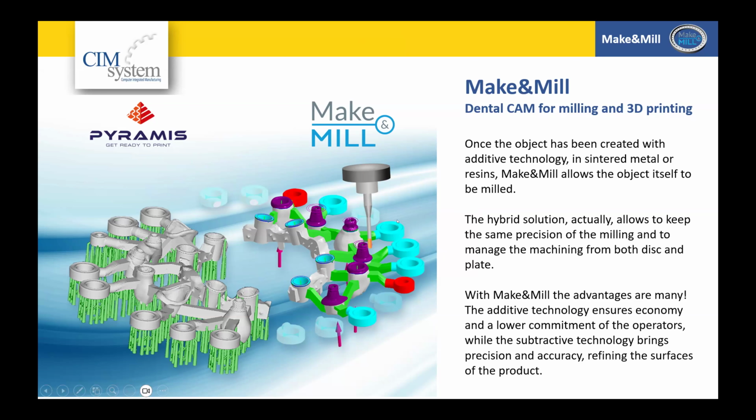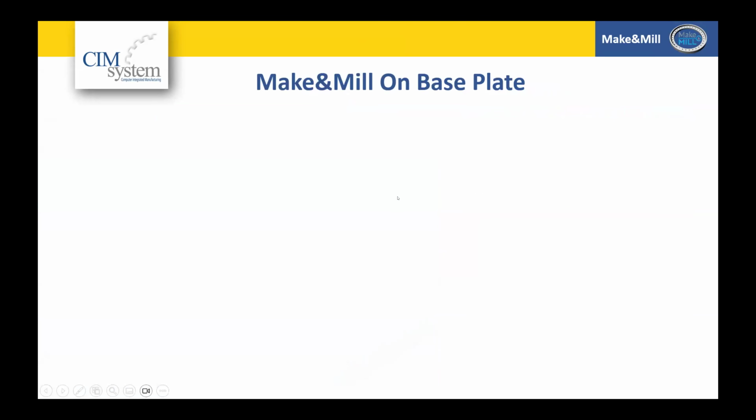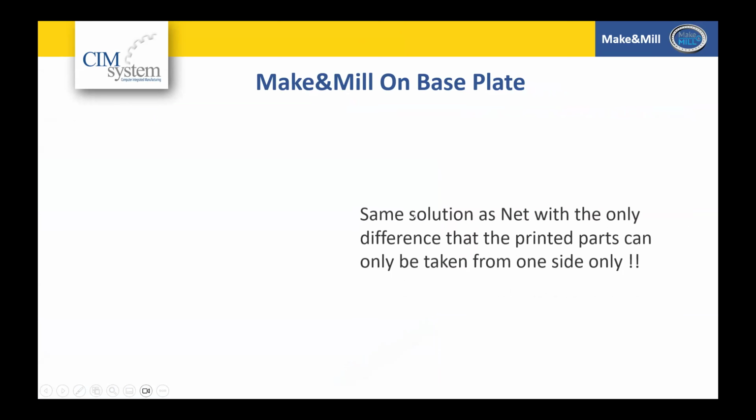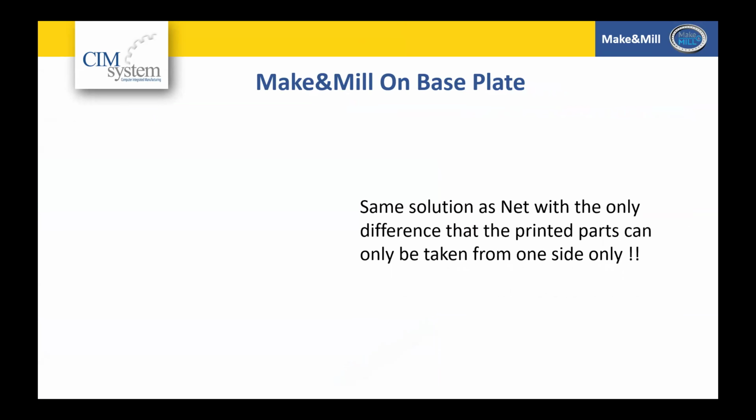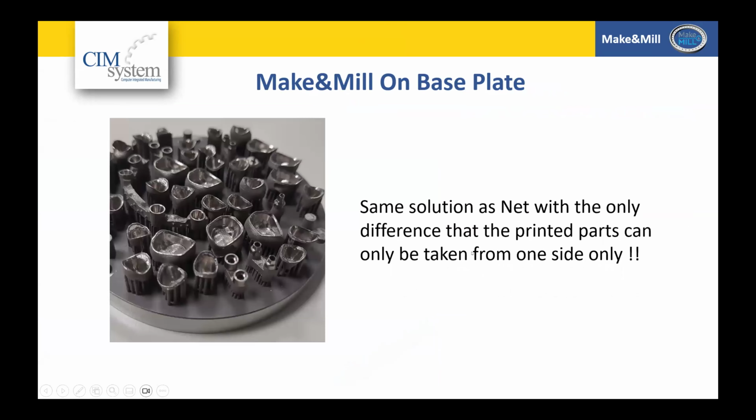Okay. One thing I didn't say before is that Make&Mill is also adapted for base plates. What does this mean? You can use the method of, instead of the net, using the plate. Okay. It's the same solution as the net, with the only difference that the printed parts can only be taken from one side.